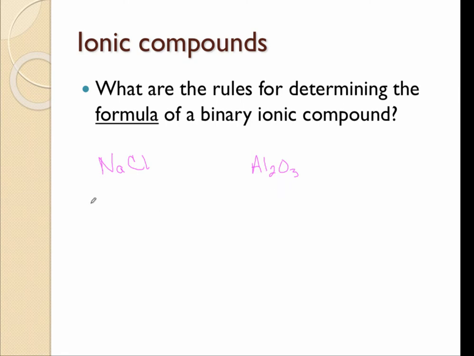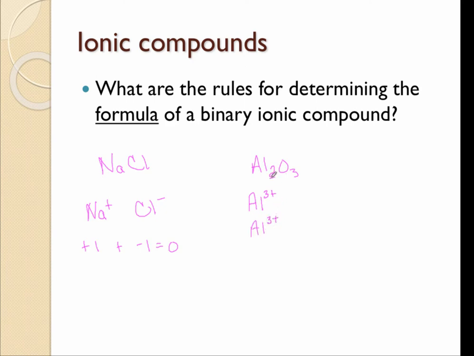Well, let's look at the charges. Sodium forms a +1 ion. Chloride forms a -1, so that's +1 plus a -1, that equals 0. Looking here, aluminum, you should remember or be able to find that aluminum forms a +3 ion. I have 2 of those ions.